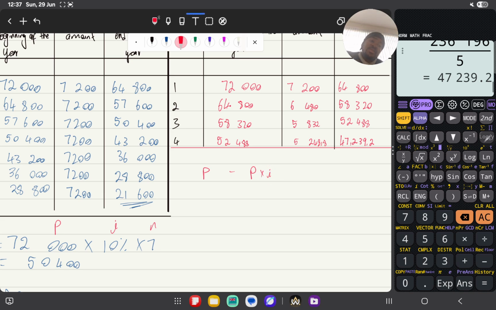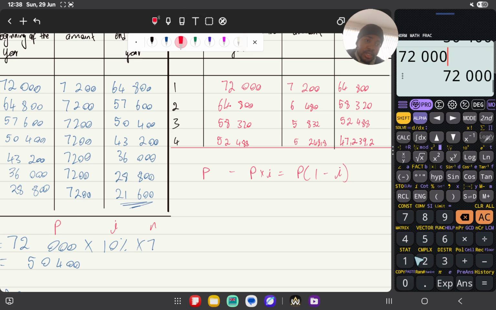And this is exactly the value of the car at the end of the year. We simplify this. You have P times 1 minus I, right? We can do that. Let's see, 72,000 rand into 1 minus 0.1, right? It's exactly the value we had at the end of year 1, right?